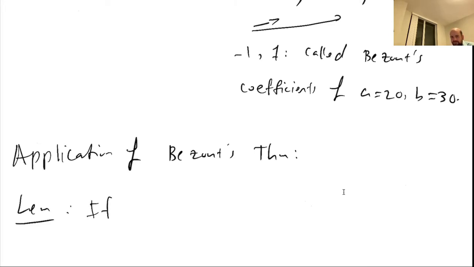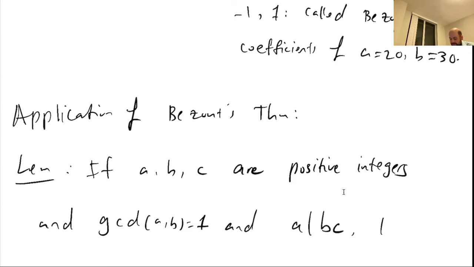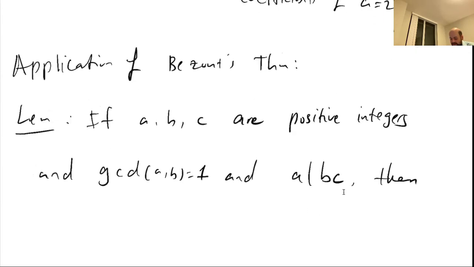If A, B, and C are positive integers, and the GCD of A and B is 1, and A divides BC, then A divides C.